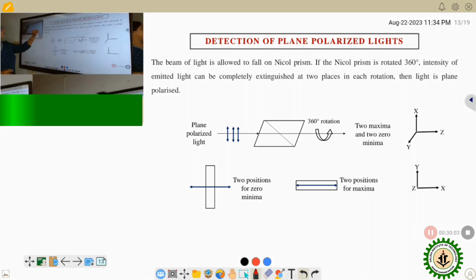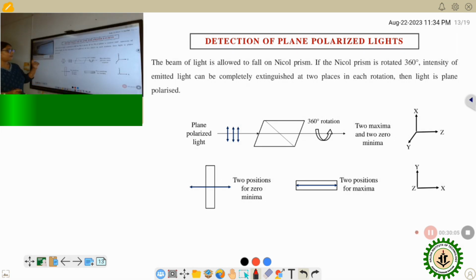Okay, so first in the detection comes the plane polarized light. As you can see, plane polarized light falls on a nicol prism, which is an analyzer.